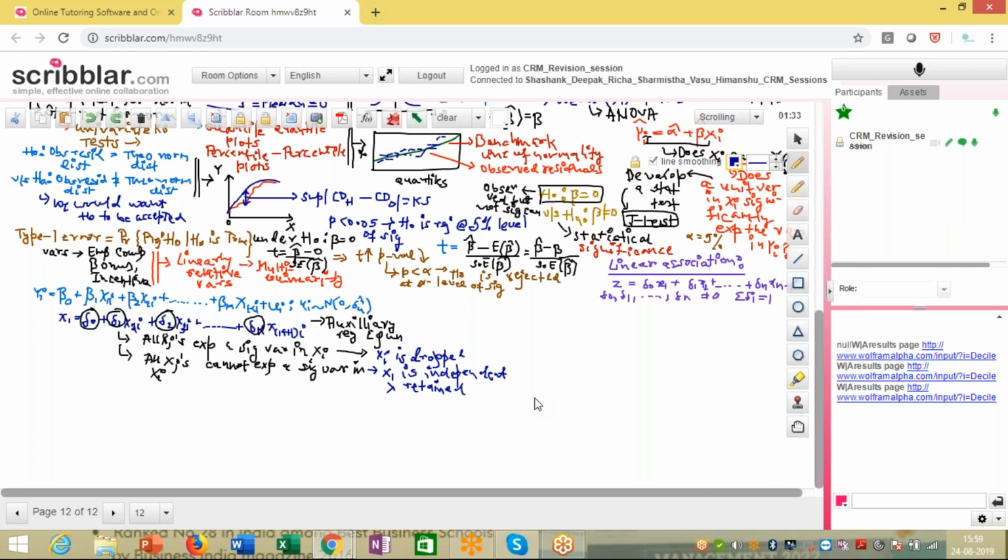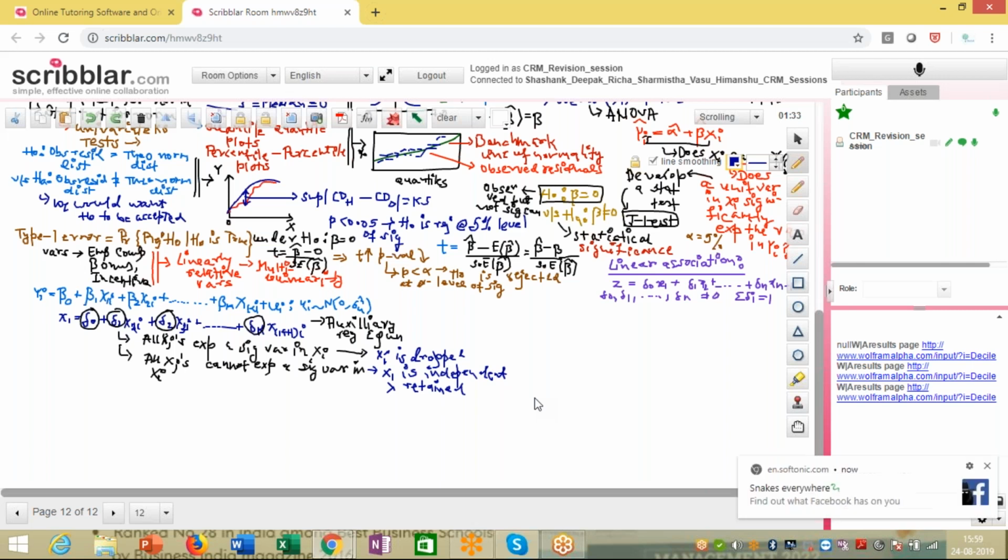So before we move on to assess the overall goodness of fit measures, one thing you can clearly see is that when talking about multicollinearity, I'm trying to talk about an overall goodness of fit.